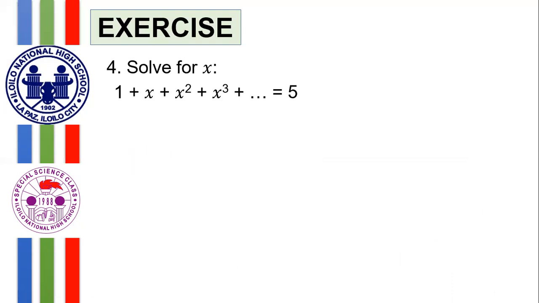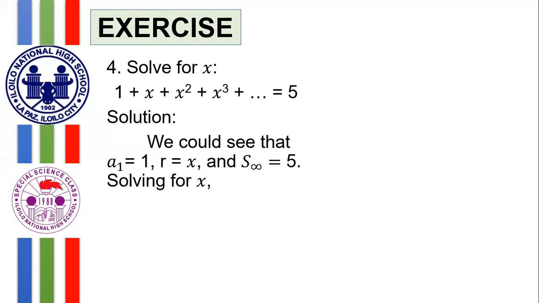You might ask, sir, is that an infinite converging geometric series? And the answer is yes. You could see from here that the first term is actually 1. If you divide the second by the first, x divided by 1 is x. x squared divided by x is x. x cubed divided by x squared is x.